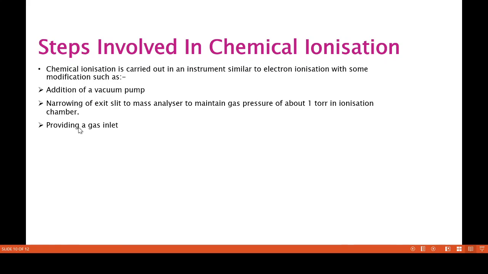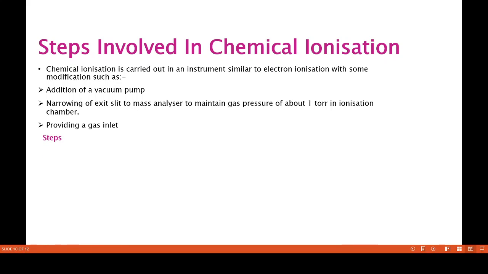The second is narrowing of the exit slit to the mass analyzer to maintain a gas pressure of about 1 torr in the ionization chamber. The third modification is providing a gas inlet. So these three modifications are extra in the chemical ionization instrument. The remaining instrument is similar to electron ionization.